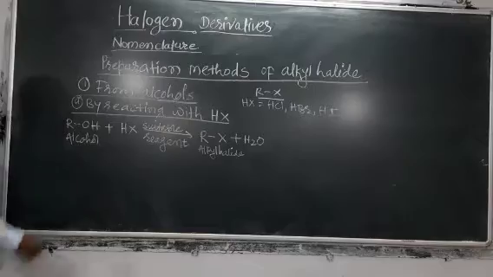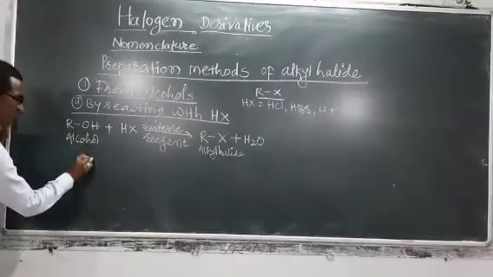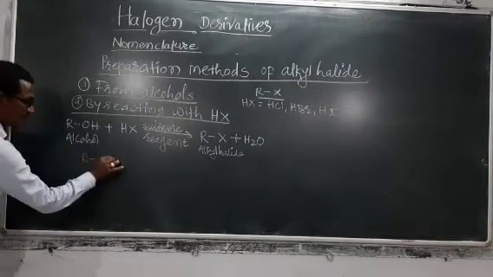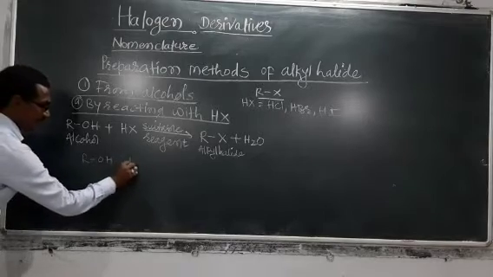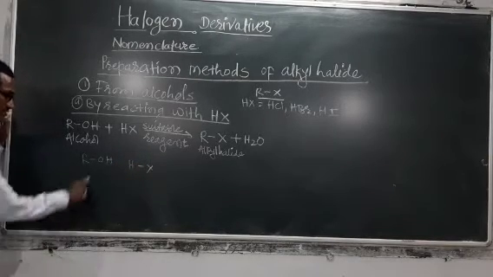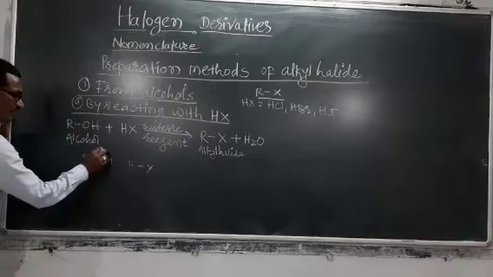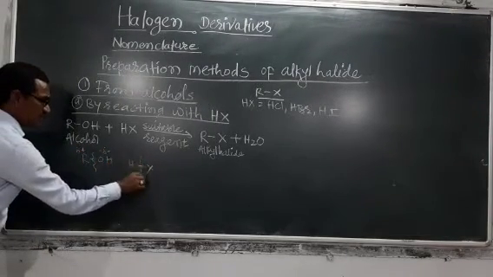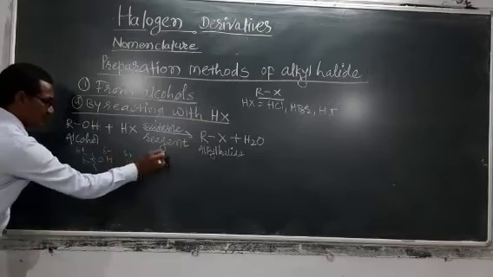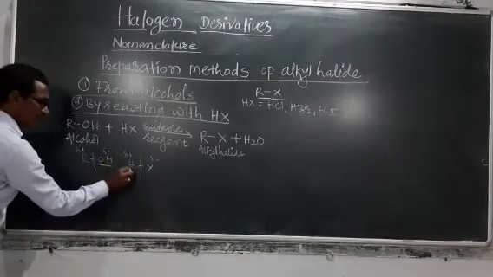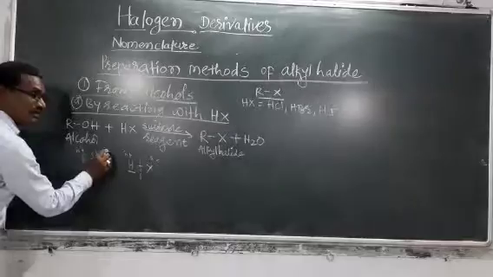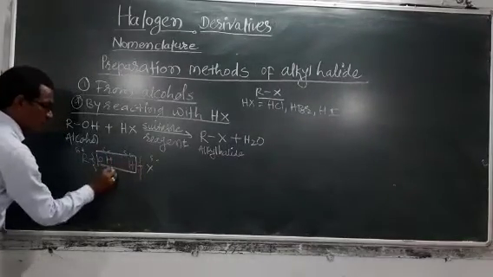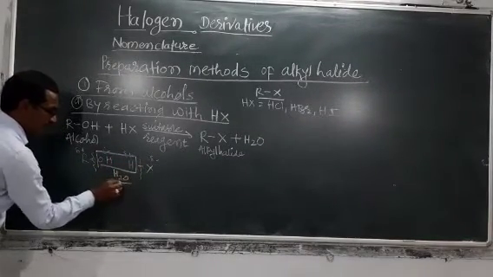Now, how does this reaction occur? When this ROH is treated with HX, this bond breaks, giving delta negative and delta positive charges. This bond also breaks, delta positive, delta negative. OH and H combine with each other, and we get H2O as a side product.